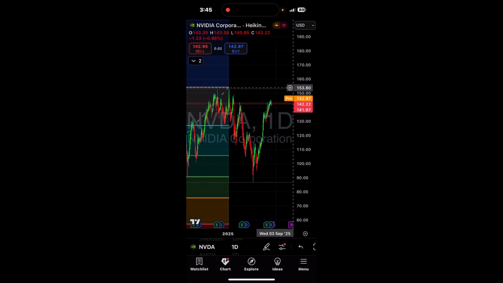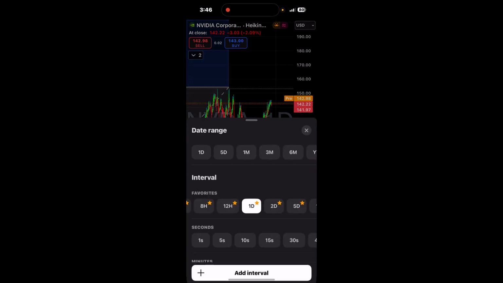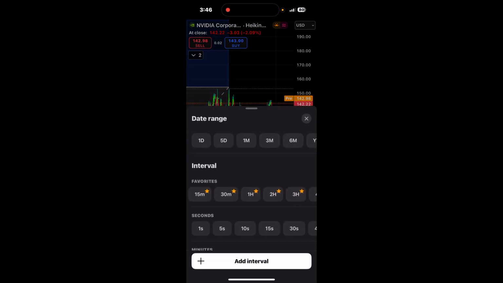So we see 153 is the resistance, and around 126, 127 is the support. So we know that about 127, it'll probably bounce up. It could come down to 127, and it could reject at about 154. So now that we know that, we can go to our smaller time frame.